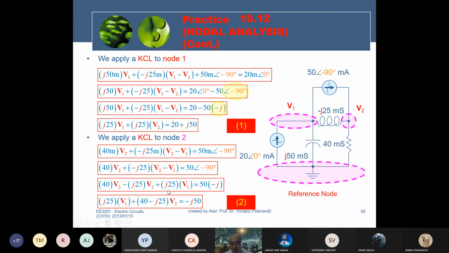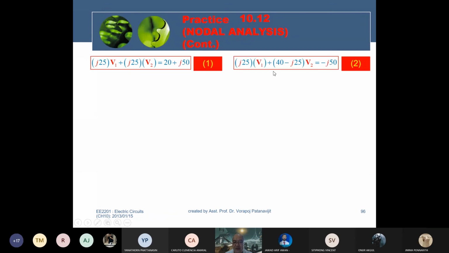After you model this equation, the rest is based on the polar form and complex number computation. It is unlucky that you cannot use your simple calculator, because it can solve only in the real number manner, not the complex one. After you organize them into this form, the first and second equations are in a suitable form.